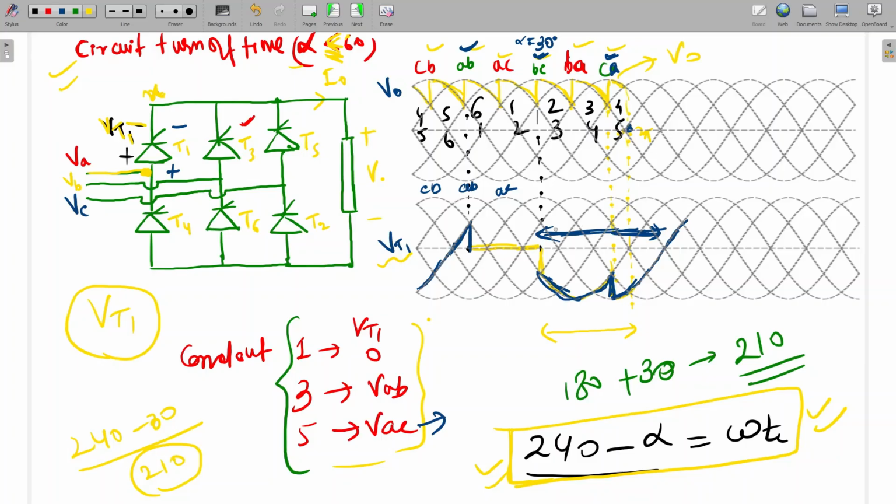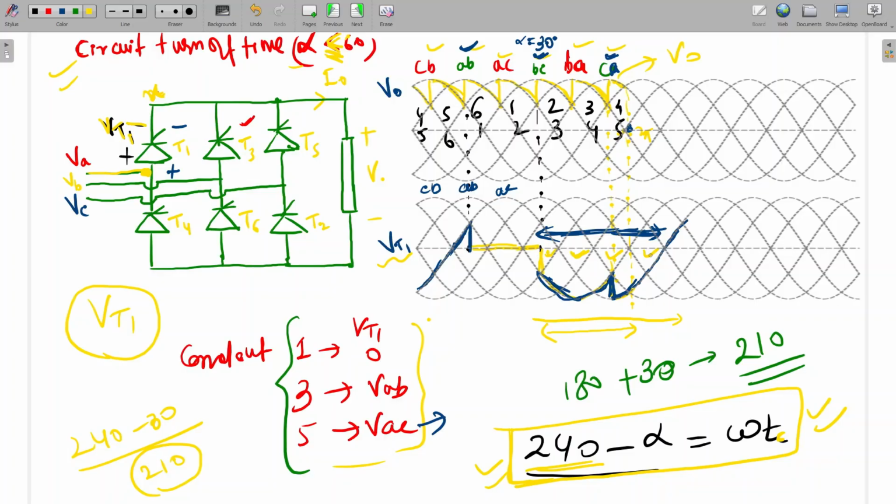Yes, sir, clear, sir. Verify from the diagram, sir. This one is 240. See, the continuous turn off, here to here. So this 60 degrees, this 60 degrees, this 60 degrees, and this 30 degrees.